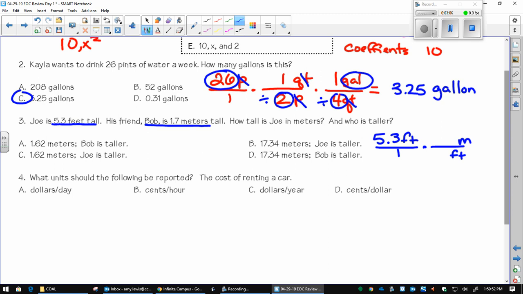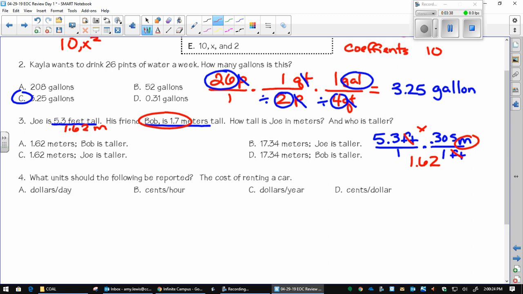Our conversion happens to be 0.305 meters to 1 foot. So in this case, our feet cancel and we're left with meters. We take 5.3 times 0.305, and there's our 1.62. So we know that Joe is 1.62 meters. If we compare it to Bob, we know that Bob is taller.